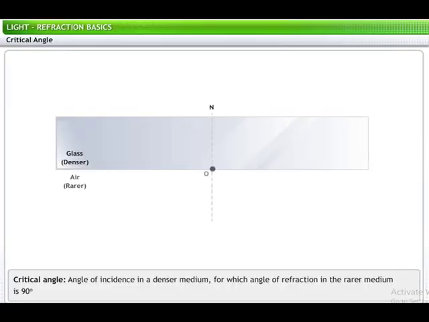Now let's consider a case where a light ray passes from a denser medium to a rarer medium and bends away from the normal. If the angle of incidence I in the denser medium is increased, then at a particular angle of incidence, the refracted ray propagates along the boundary of the two media.